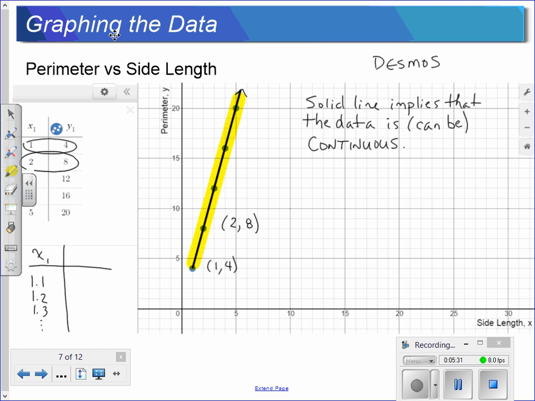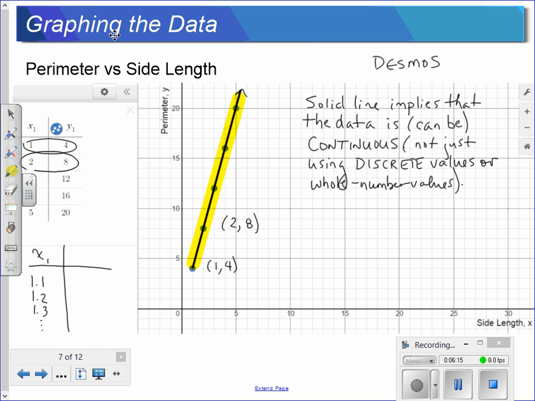We're not just using what we call discrete values, or whole number values. We'll come back to that off and on over the semester. If you're only using discrete values, you would not join the points with a solid line. We'll come back to that later on.